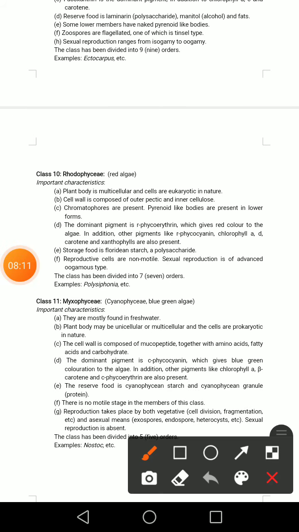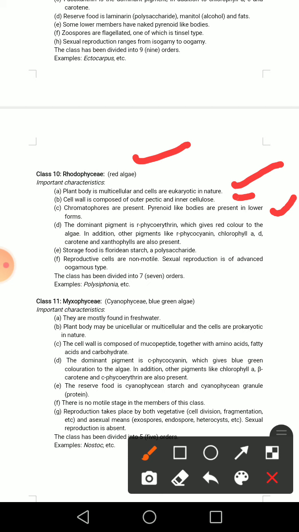10th class is Rhodophyceae, known as red algae. Important characteristics of red algae are: plant body is multicellular and cells are eukaryotic in nature. Cell wall is composed of outer pectic and inner cellulose. Chromatophores are present. Pyrenoid-like bodies are present in lower forms. The dominant pigment is R-phycoerythrin, which gives red color to the algae.